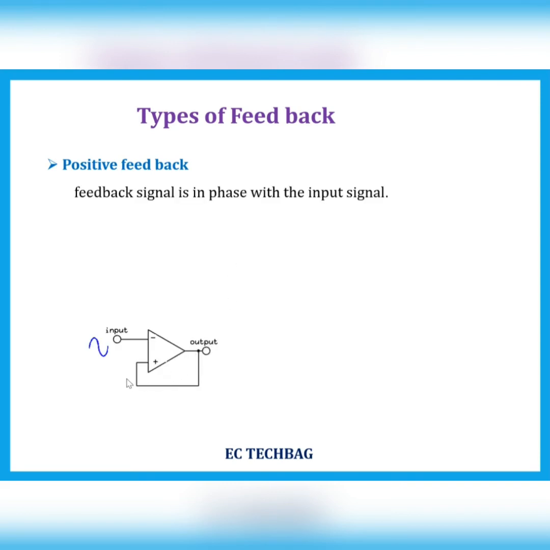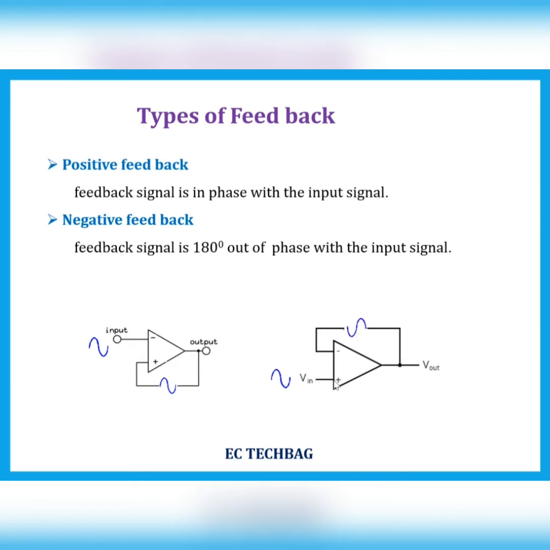There are two types of feedback. One is positive feedback, another one is negative feedback. In positive feedback, the feedback signal is in phase with the input signal, so normally it is added with the input signal. And for negative feedback, your feedback signal is 180 degrees out of phase with the input signal, and normally it opposes the input signal.